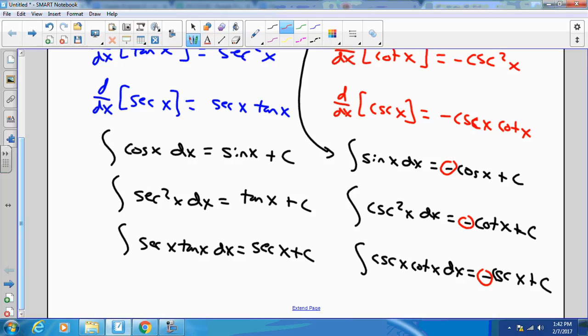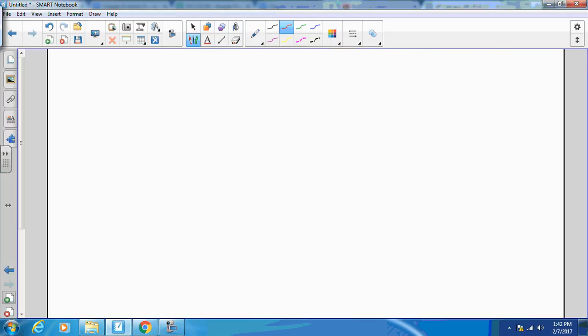We'll fix that later, but much later. But we don't have those yet. Instead, we have the 6 antiderivative rules that come from the derivatives of the 6 trig functions. So currently we have 6 antiderivative rules whose results are the 6 trig functions. Okay? That's the first thing.